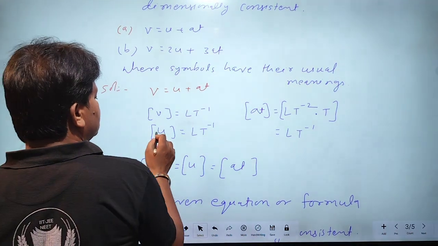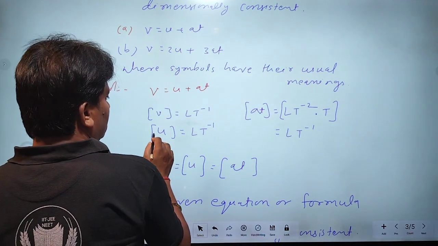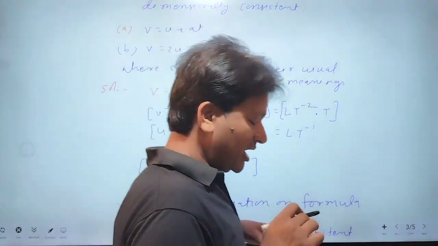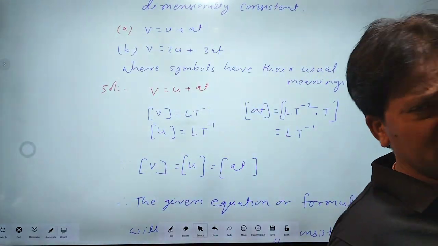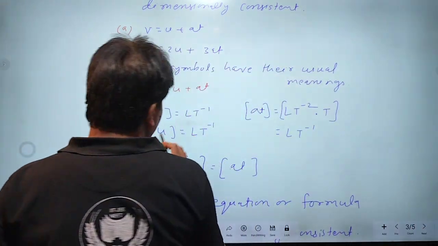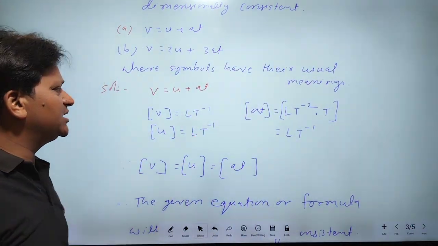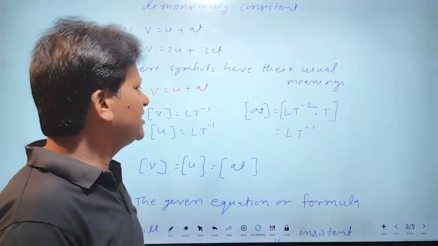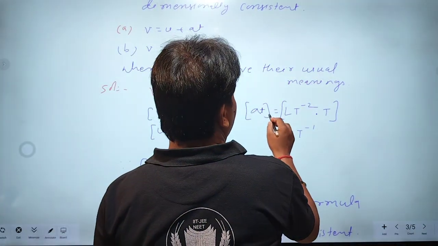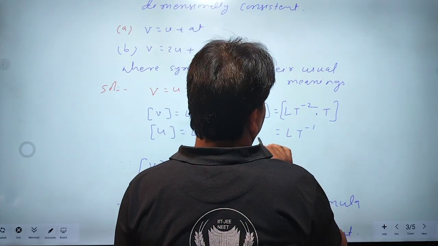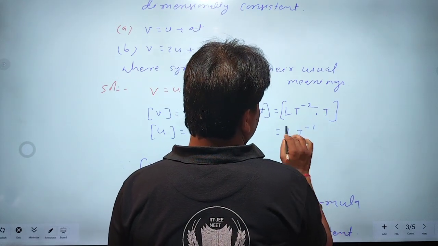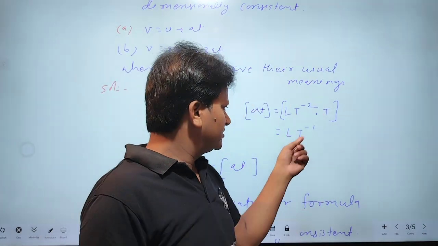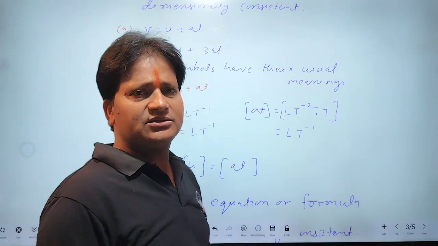This is the initial velocity. The dimension of any velocity will be the same. Dimension of u will be equal to LT minus 1. Dimension of at will be equal to LT minus 2 times T; this is the dimension of acceleration and this is the dimension of time. After calculation, this will be equal to LT minus 1.